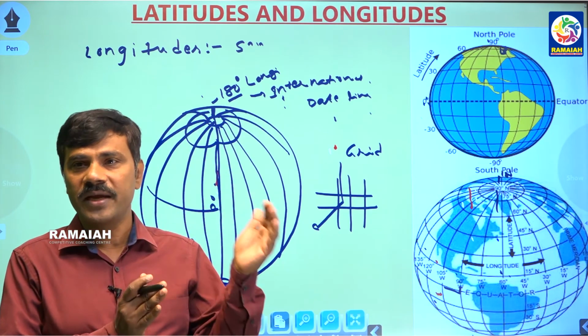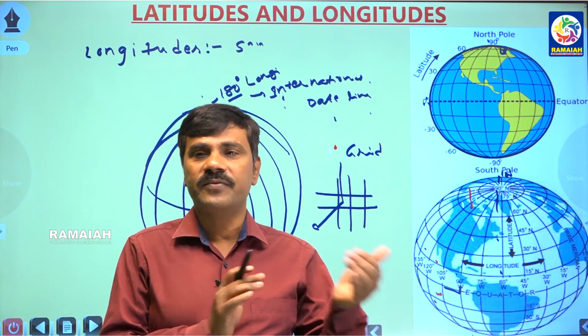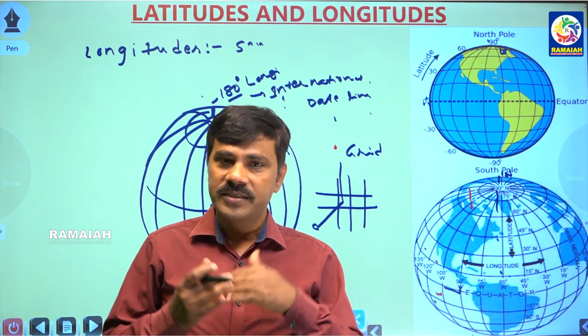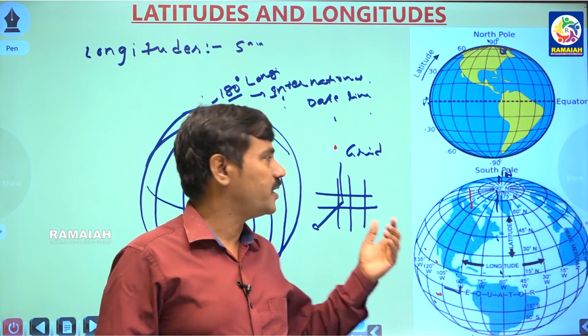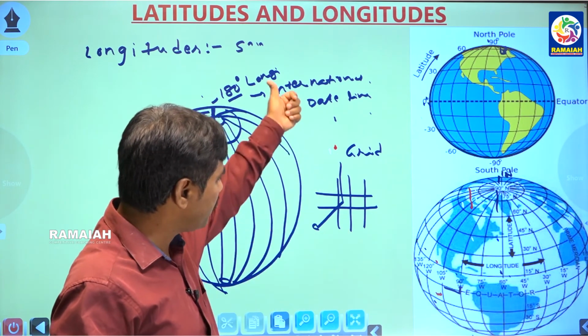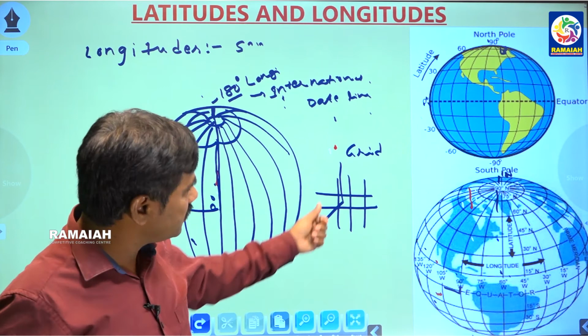Some of the part is in 6th class, some of the part is in 8th class also. Maximum latitudes and longitudes are taken in these two classes, so the major part is covered in this concept.